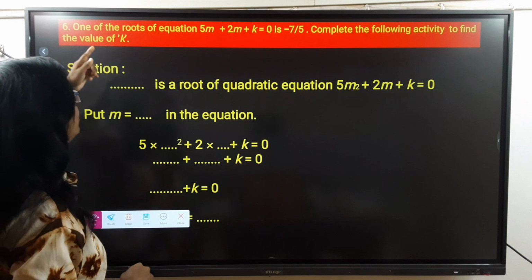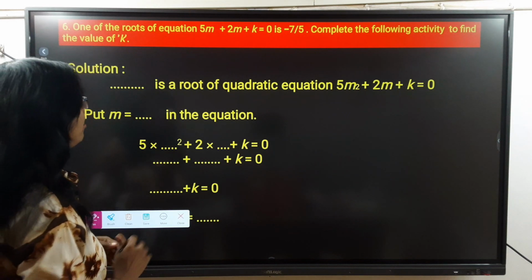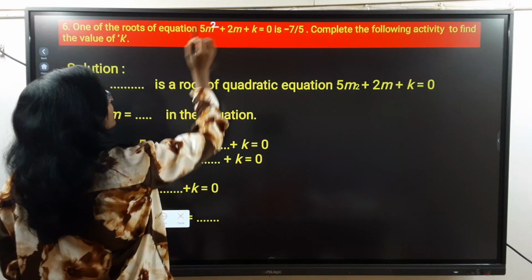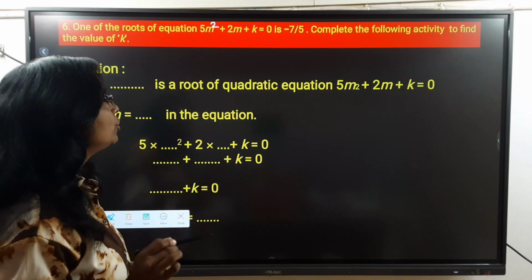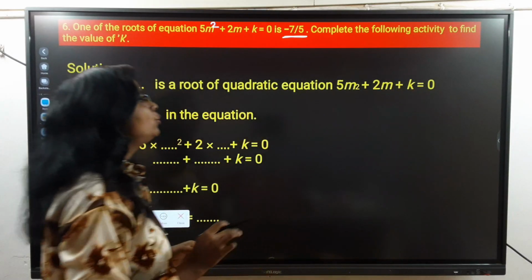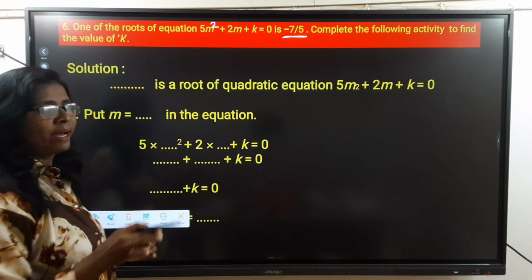So here one of the roots of the equation 5m square plus 2m plus k is equal to 0 is minus 7 upon 5. Complete the following activity to find the value of k.